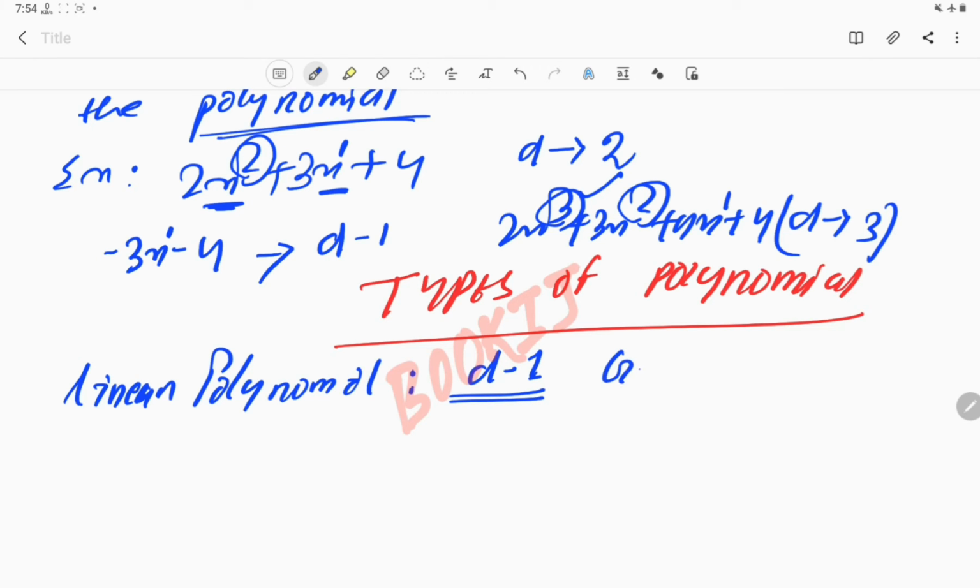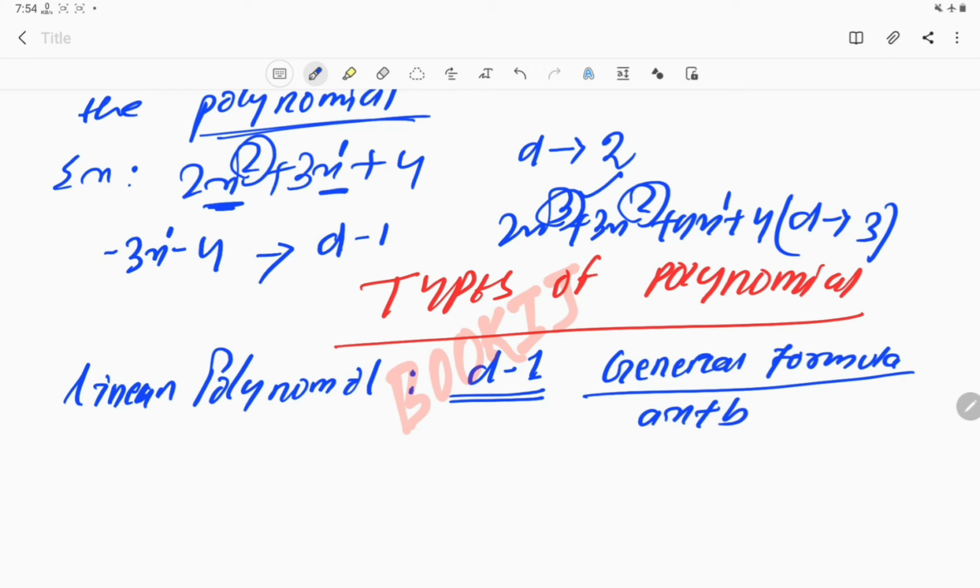And its general formula is ax plus b, where a is not equal to 0. If a will be 0, then this total term is going to be 0, and we are left with only b, which is a constant.